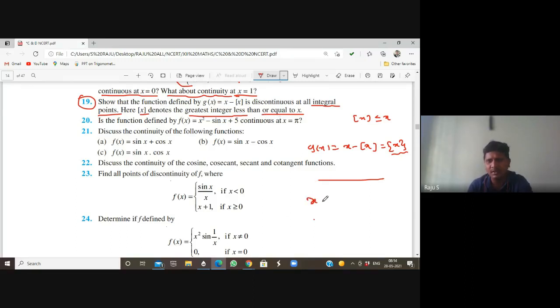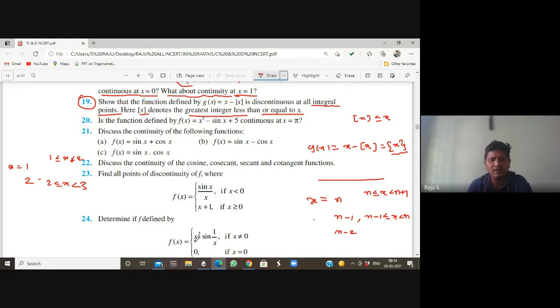For example, if I take x value like n, then n lesser than or equal to x lesser than n plus 1. n minus 1 lesser than or equal to x lesser than n. Since we've already seen that, 1 lesser than or equal to x lesser than 2. Here if I write 2, it means 2 lesser than or equal to x lesser than 3, nothing but from 2 to 2.999. What will it be? It will clearly be 2 alone.